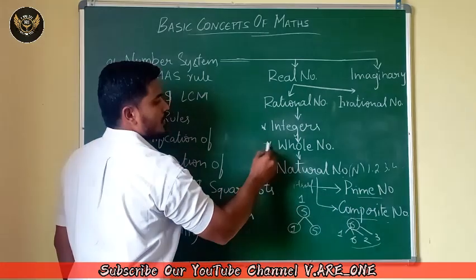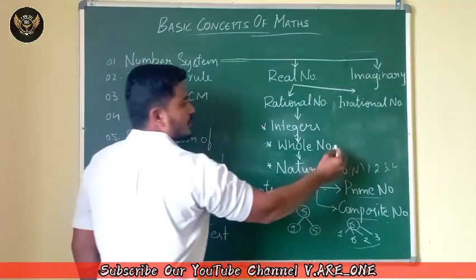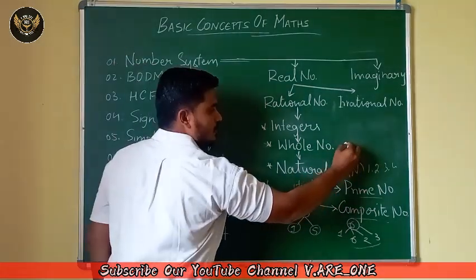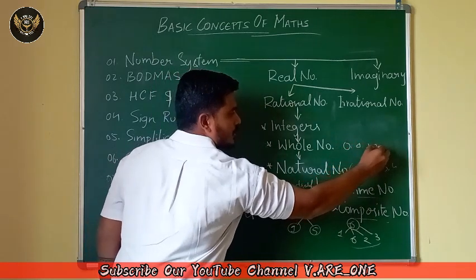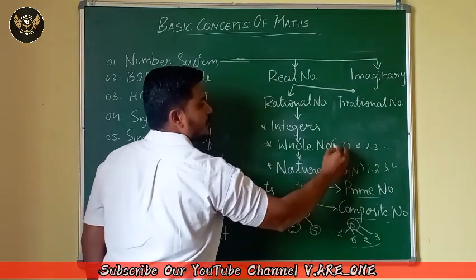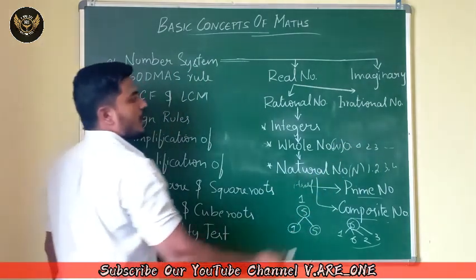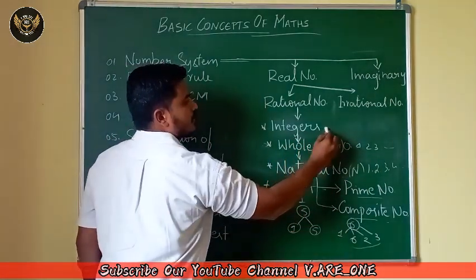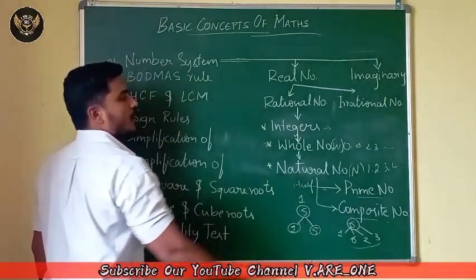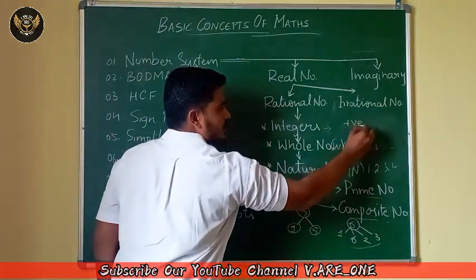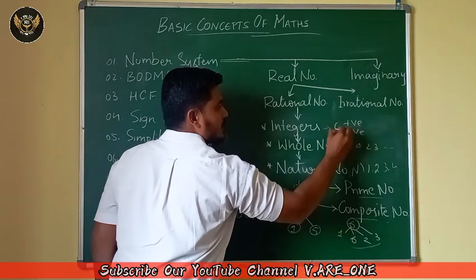And what are whole numbers? Whole numbers are the numbers including 0, 1, 2, 3, 4, and they are denoted by capital letter W. And integers. Integers are the numbers which include positive numbers, negative numbers along with 0.